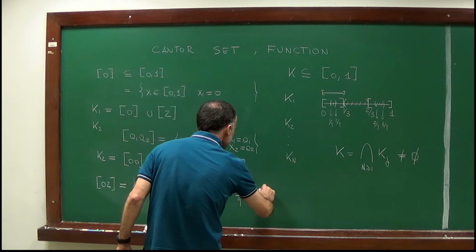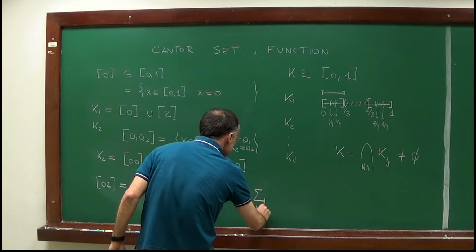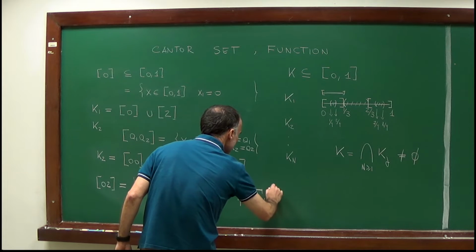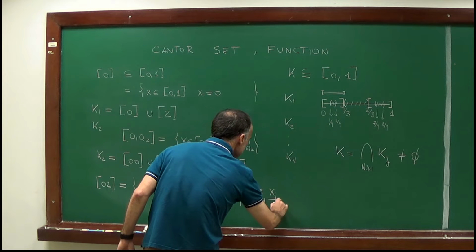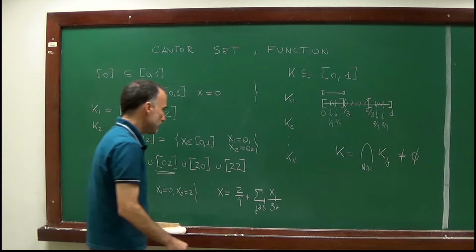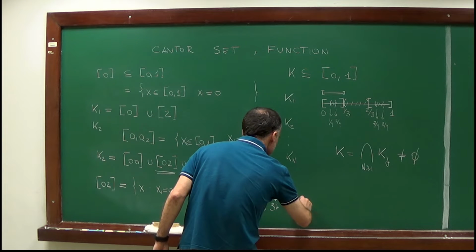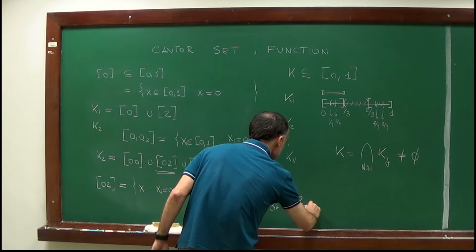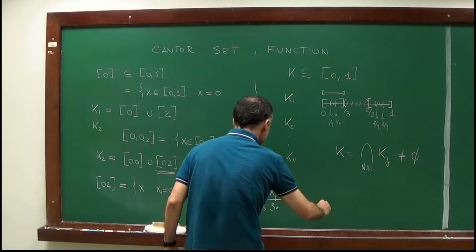Then here I start with j equal to 3, and I have xj divided by 3^j. So I can rewrite that as 2 divided by 9 plus a sum.